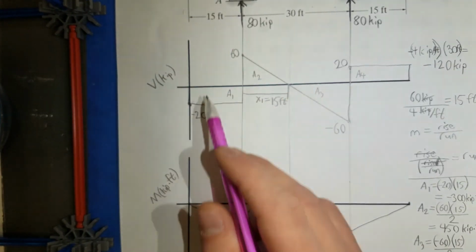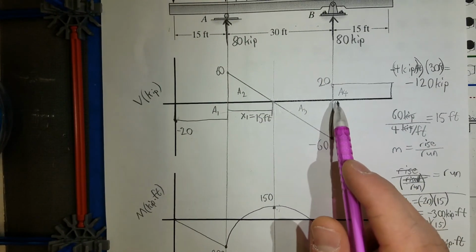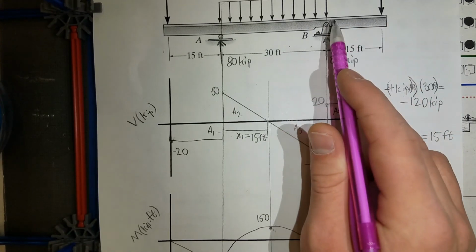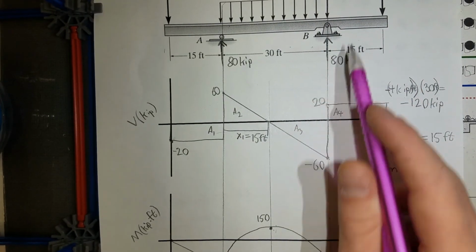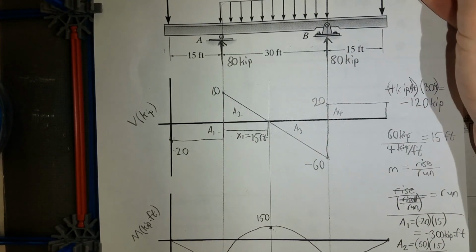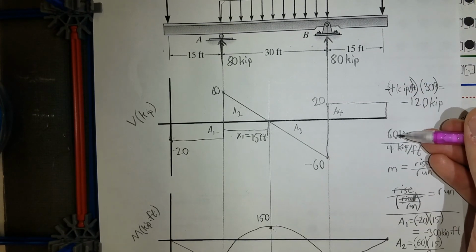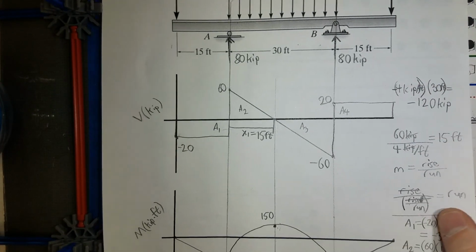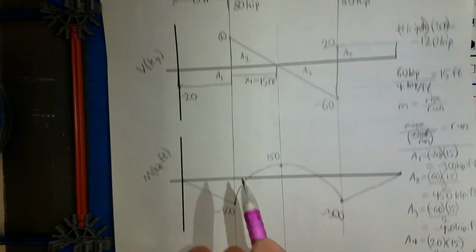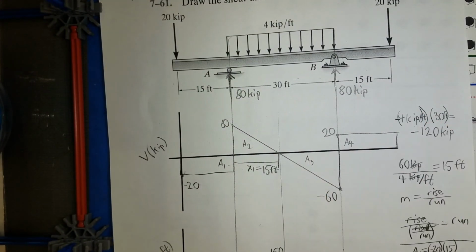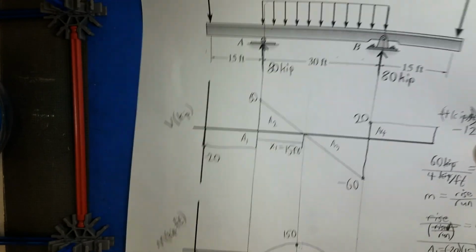So here, we end up going all the way through here, and it ends in this little section at a positive shear of 20. It ends up going back to 0 because we have a reaction force on the end pushing it down by 20. Same thing for the moment. There were no moments on the end of this beam, so it had to go to 0 by itself.